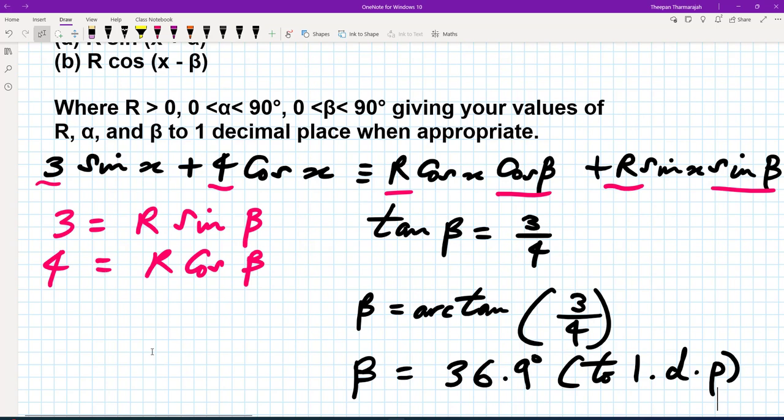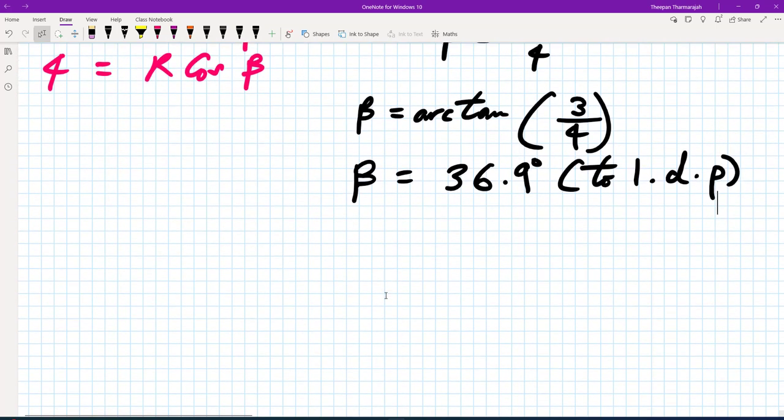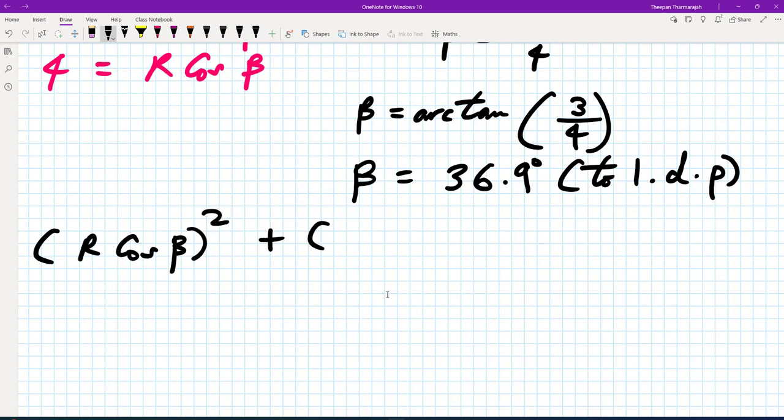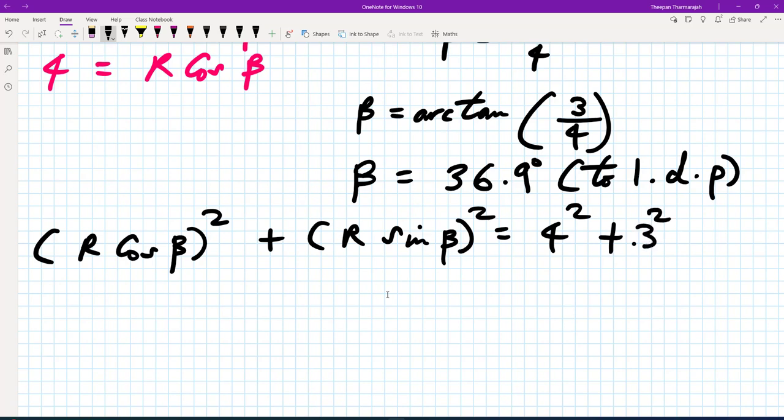So now we're going to do the following as what we did last time. We're going to say that if we square r cos beta and if we square r sine beta, we know that r cos beta is 4, so that's 4 squared, and we know that r sine beta is 3 squared.